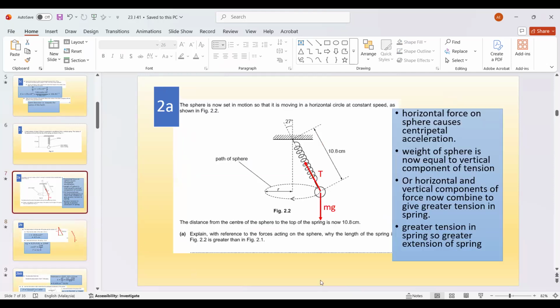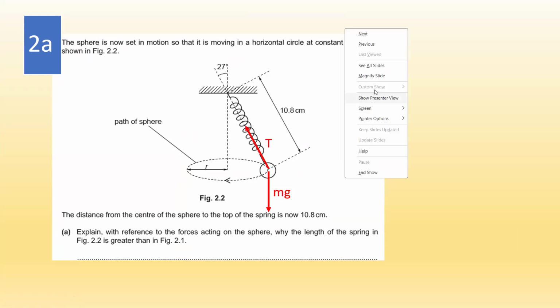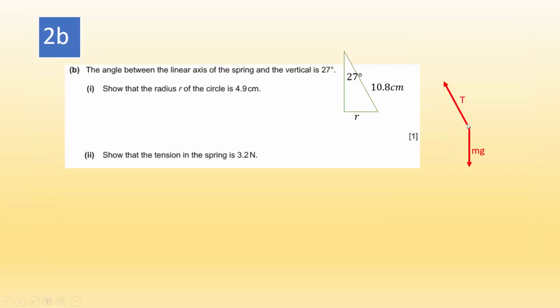We are basically looking at this picture, so we are redrawing it. There's a weight, there's a tension. The angle between the axis of the spring and the vertical is 27 degrees, so that the radius is 0.49 cm.